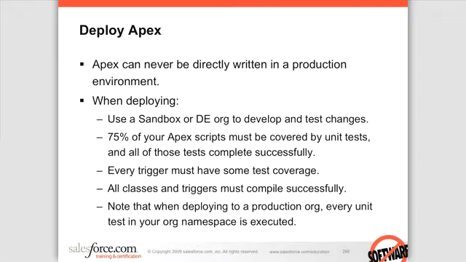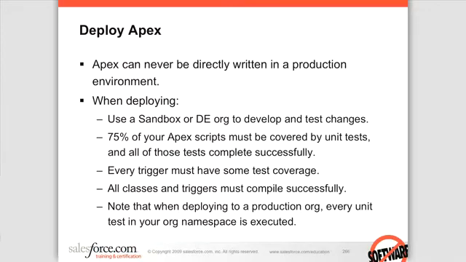When you then deploy to your production environment, we're going to perform that 75% coverage test. Now it says Apex can never be directly written to a production environment. The way that we prevent people from writing business logic directly into their production environment is that the code being saved must meet that requirement for test coverage.